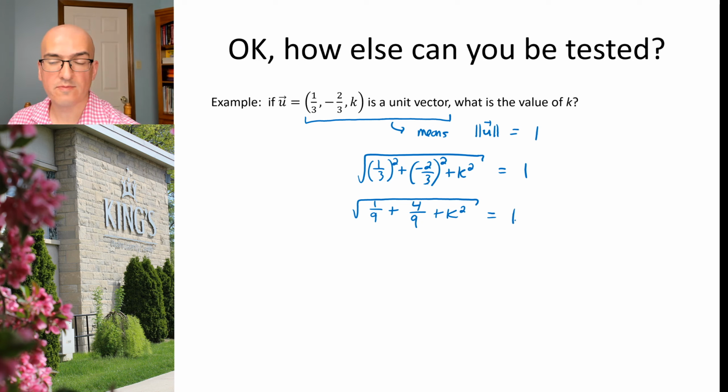Now I'm going to make common denominators inside there. I already have common denominators for the first two. I'll just add those together. So 1/9 plus 4/9 is 5/9. So the square root of 5/9 plus k squared is equal to 1. The next thing I'm going to do is square both sides.